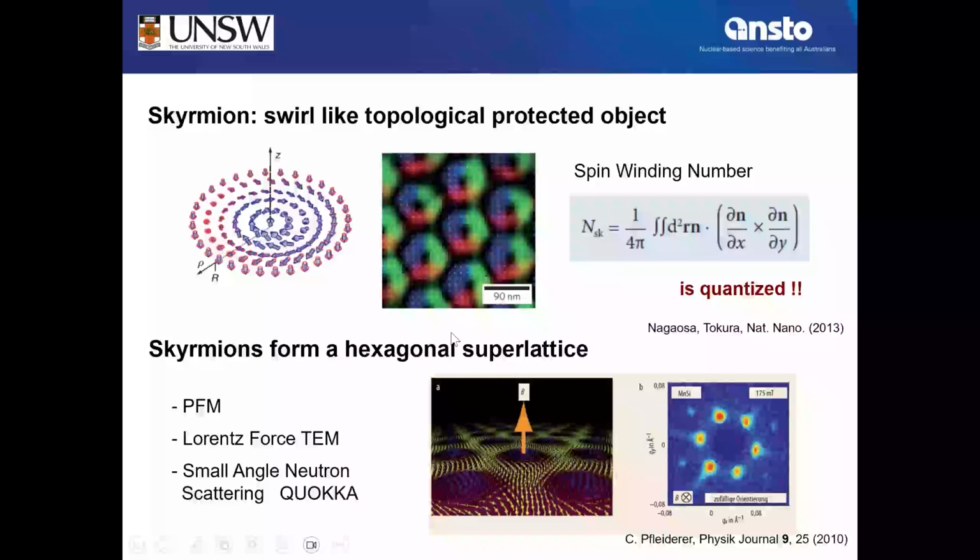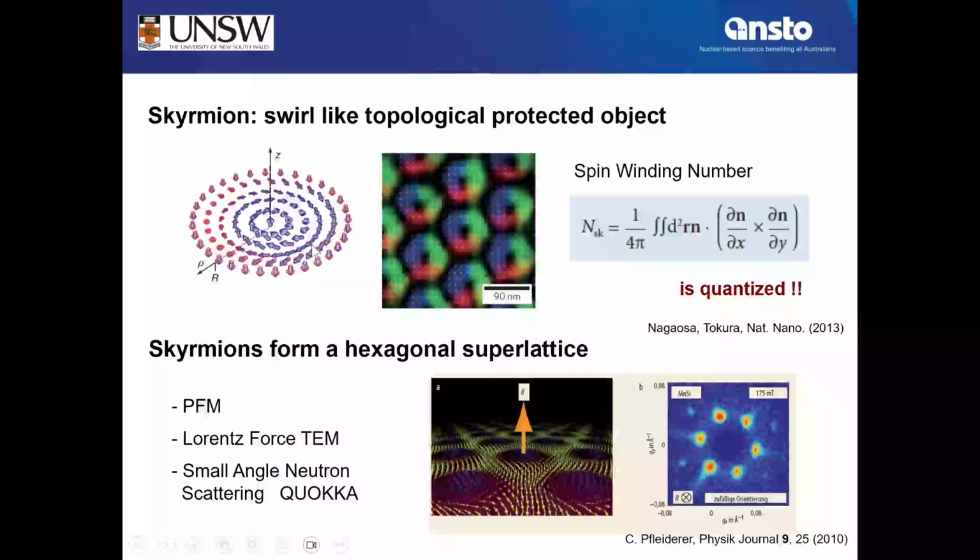The picture next to it is electron microscopy, a real microscopy picture, not a cartoon, and you really see the formation of the skyrmions. Once they are formed, they arrange each other in a hexagonal lattice.